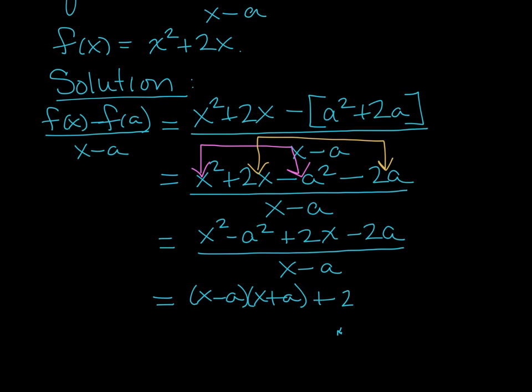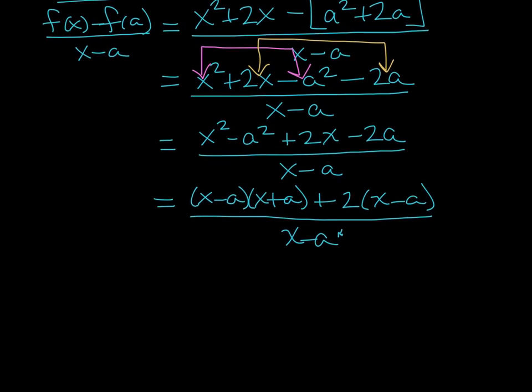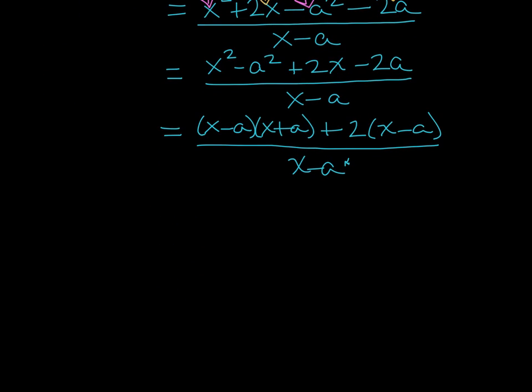So plus 2 times x minus a, and this is still all divided by x minus a. I made a boo-boo right here, but I don't know how to get rid of it, so we're just going to move on. Ignore that little mark.